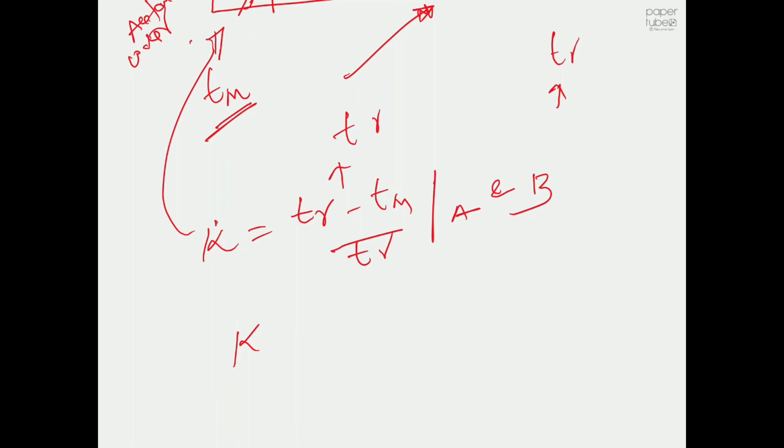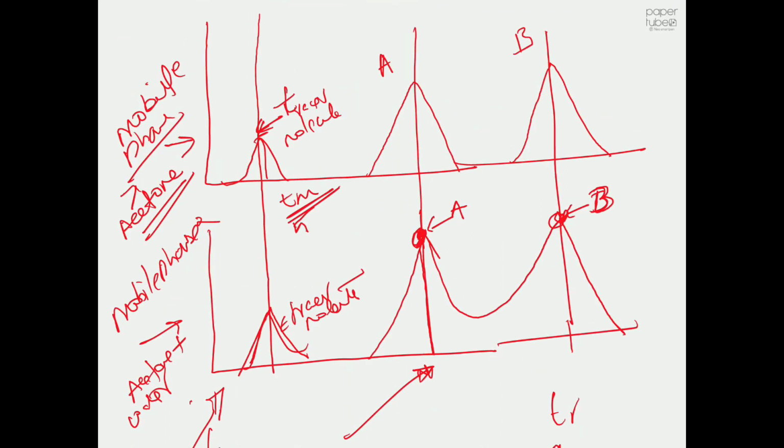So for the first experiment, let's put TM as 5 minutes, TR for A as 10 minutes, and TR for B as 20 minutes. We do the same for the second: the time spent by the analyte in the mobile phase is the same, 5 minutes, TR for A is 10, TR for B is 20.